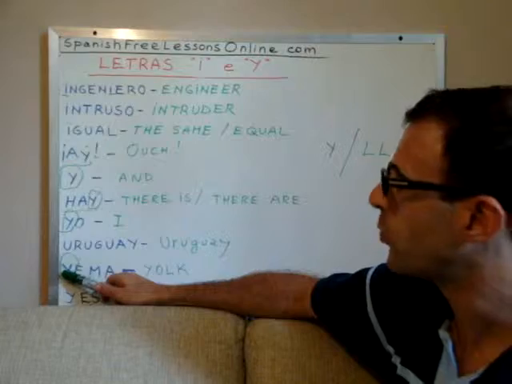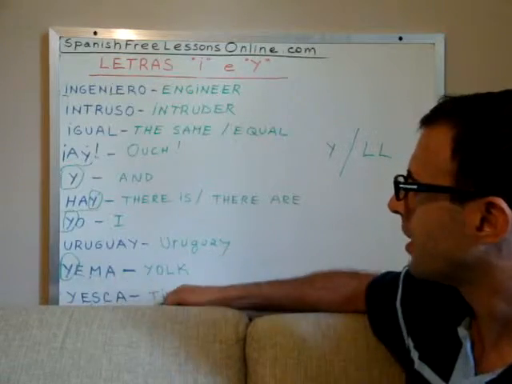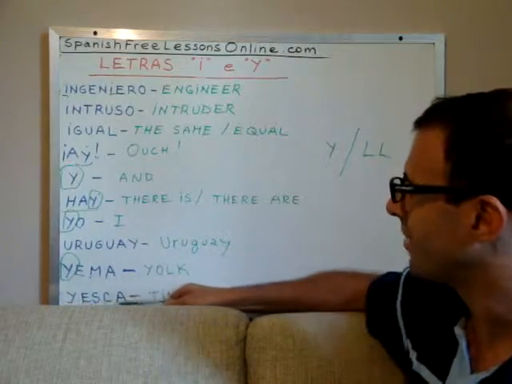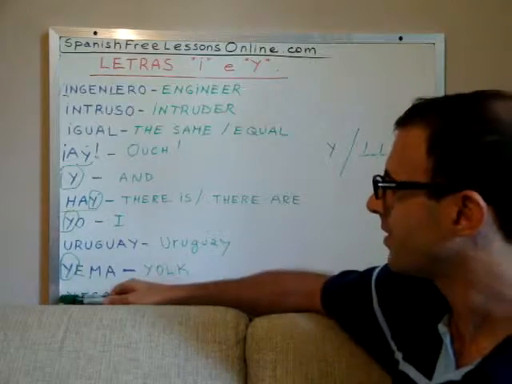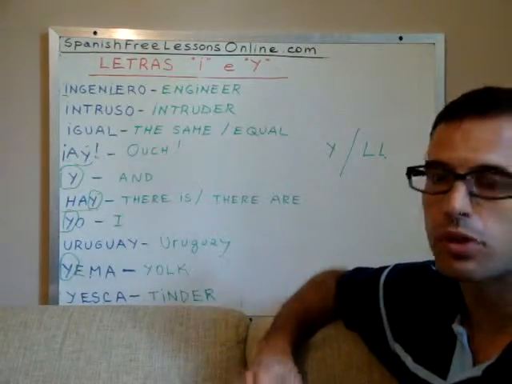However, it's written with Y. Here also, yesca, tinder. Yesca is written with Y, not with double L.